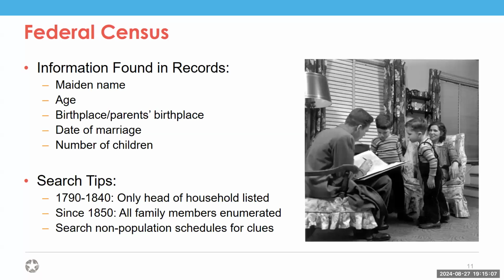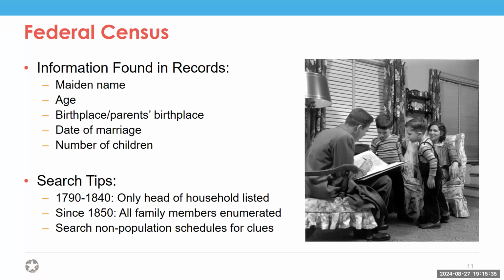So if you are trying to research an ancestor from 1790, when the first census was recorded, to 1840, only the head of the household was listed. In a rare chance, sometimes this is a woman if she was widowed, but it is often unlikely that you're going to find information about women from census records during this time period.